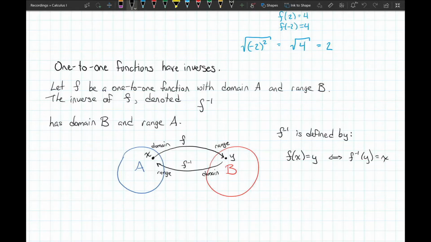So it completely undoes the result of applying the original function. This is the real definition over here on the right. The inverse function is defined through an equivalence relationship: f of x equals y is equivalent to the inverse of y being equal to x.